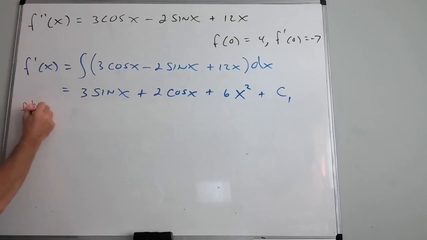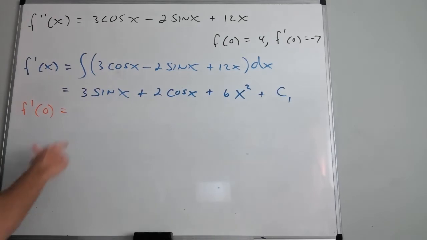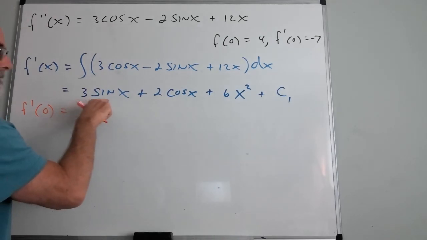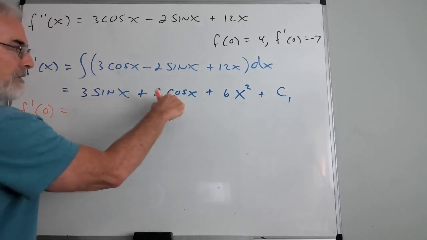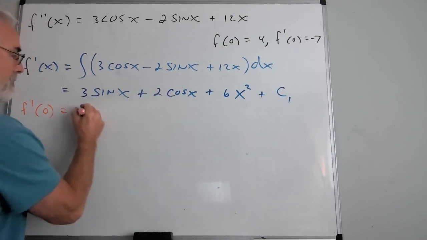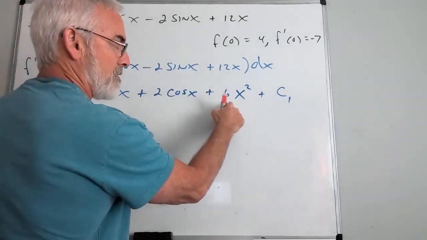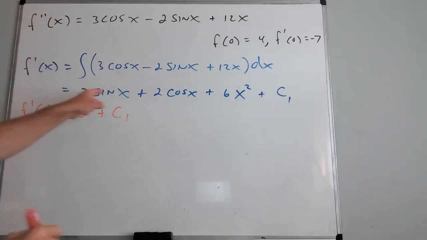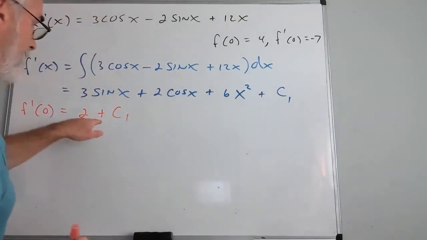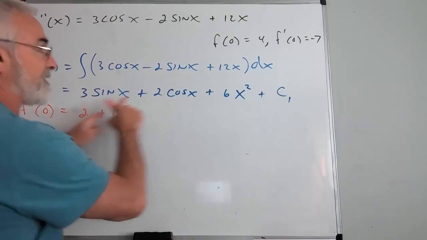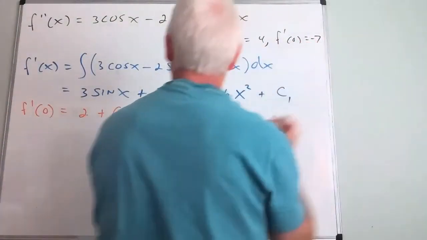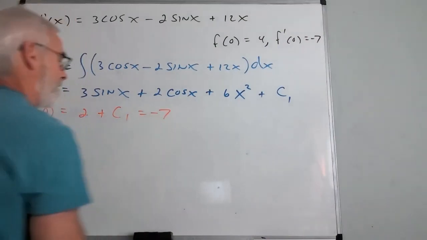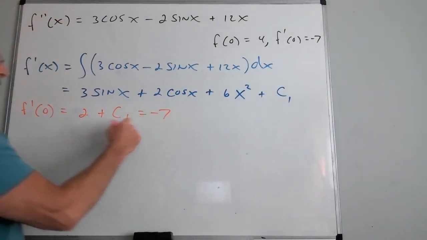So f prime of 0. Let's plug a 0 in all the way across. 0, 2, 0 plus C1. Okay, do you all agree with that? If I evaluate this at 0, I'm going to get 2 plus C1. And what is f prime of 0 equal to? -7. So what does that mean?